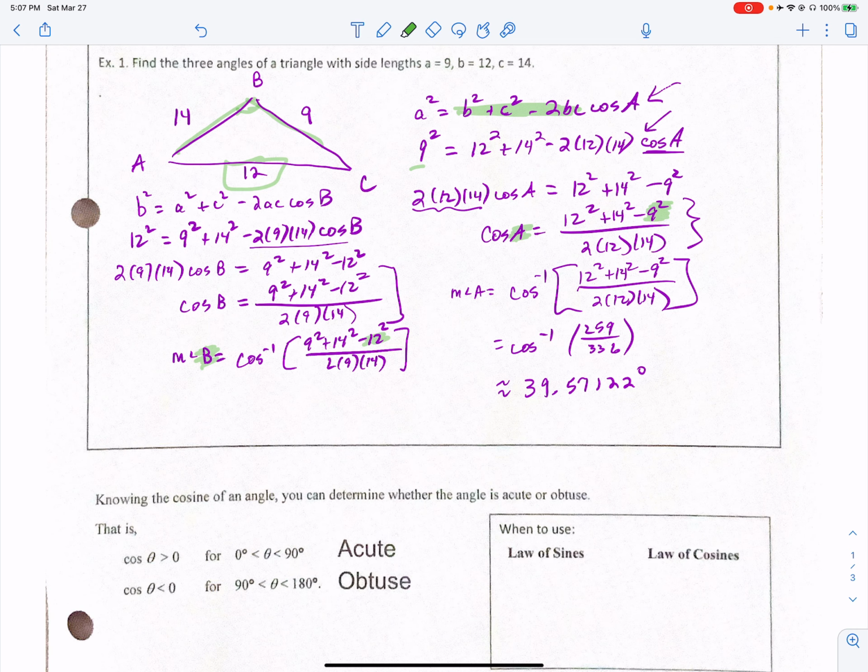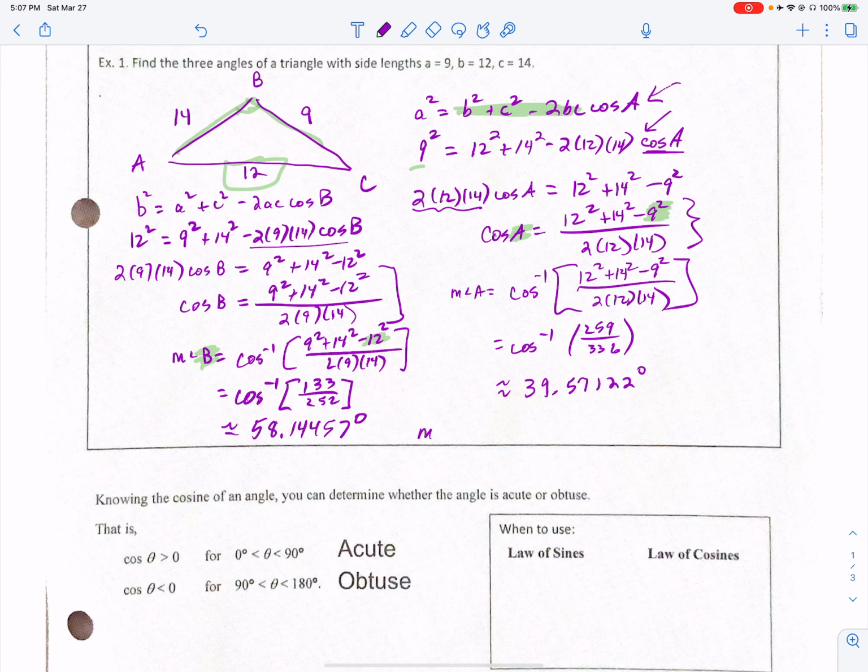So then work that out. It's the inverse cosine of 133 over 252. Put that in your calculator and write out 5 decimal places. 58.14457 degrees.